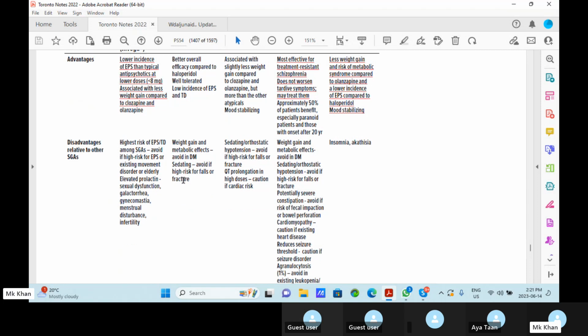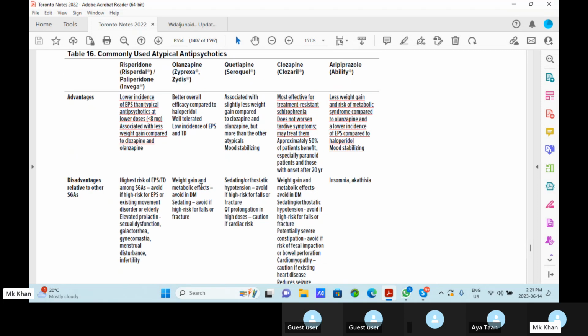And then sedating, avoid if high risk of falls. So olanzapine is sedating, so it should be used with caution, especially in the elderly population because of falls and fracture. And then quetiapine has slightly less weight gain compared to clozapine and olanzapine, but more than the other atypicals. So the highest are clozapine and olanzapine, and then quetiapine.